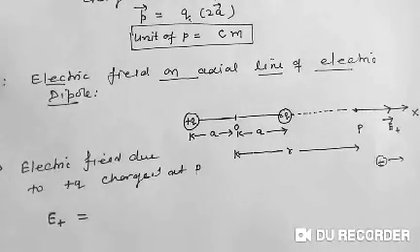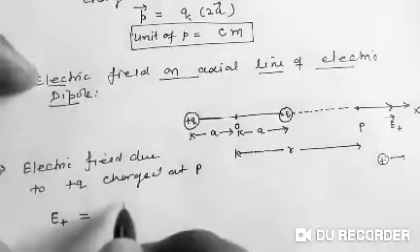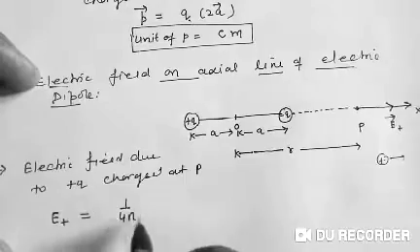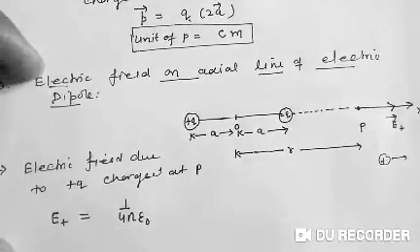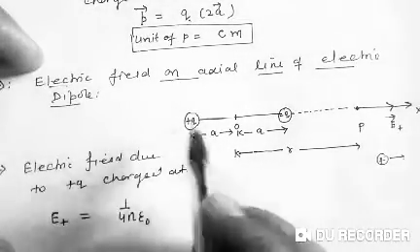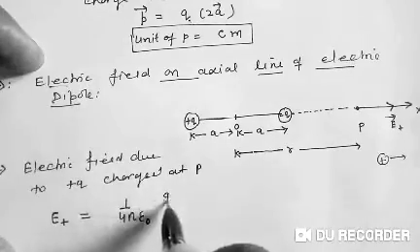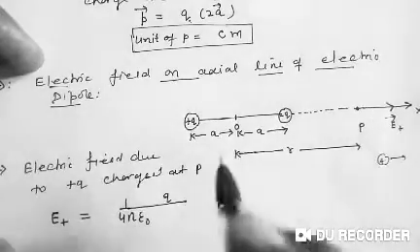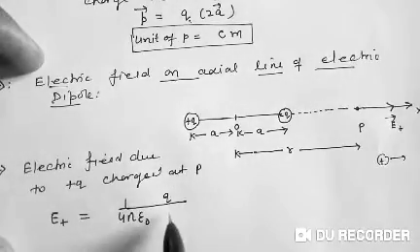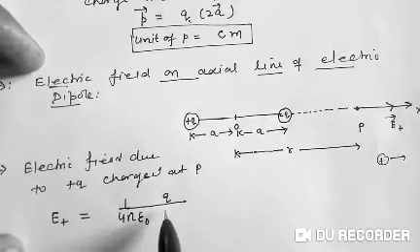Now E plus, what is the formula of electric field? 1/4 pi epsilon 0 source charge, that is plus q. So q upon, but we take here r square, but it is not all the time r square.